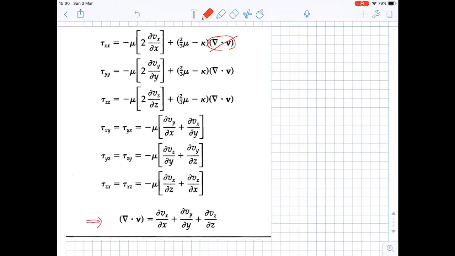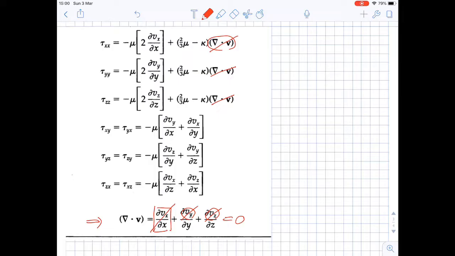Down here, this is the definition of del dot V. Now, Vy is 0, Vz is 0, Vx is a function of y only, so Vx is not a function of x. This term must be 0, leading to this del term to be 0. So this term is 0.